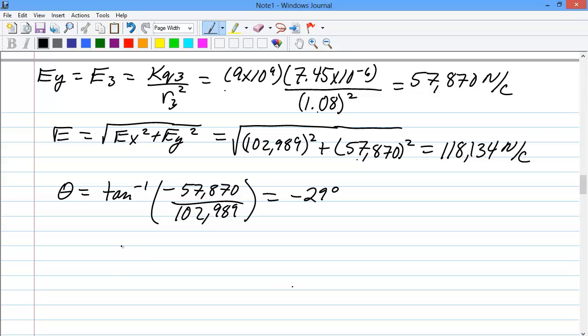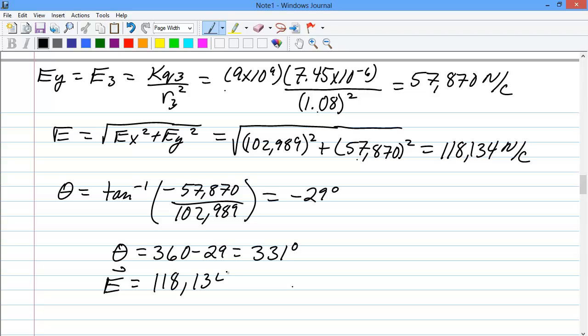So my true theta is 360 minus 29, which is 331 degrees. So finally I have that E is equal to 118,134 newtons per coulomb at 331 degrees.